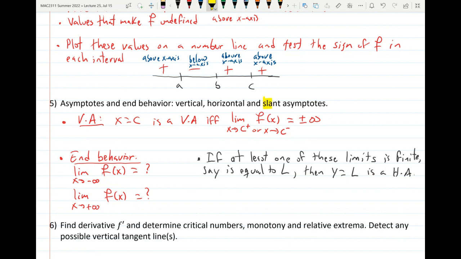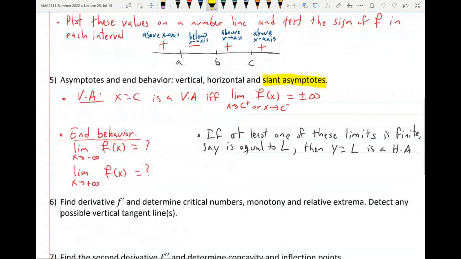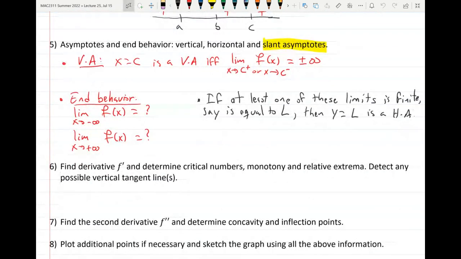At least the limit will be infinity, so you can sketch a reasonable graph even if you don't know that it will be linear. But for rational functions, remember, if the degree of the top is bigger than the bottom by 1, then you have a slant asymptote, and you find it by long division. The quotient is the equation for the asymptote. Anyway, let's put a parenthesis on slant asymptotes for now.